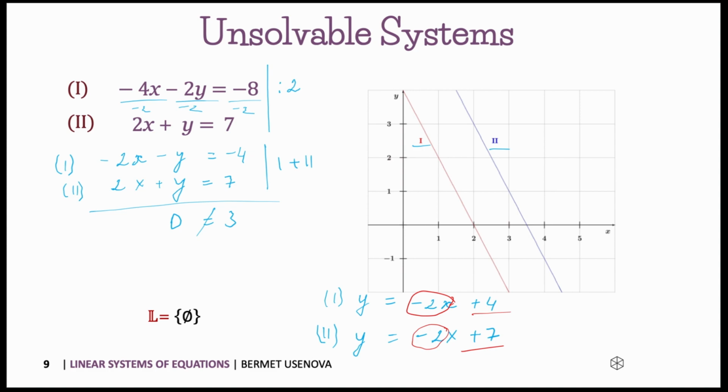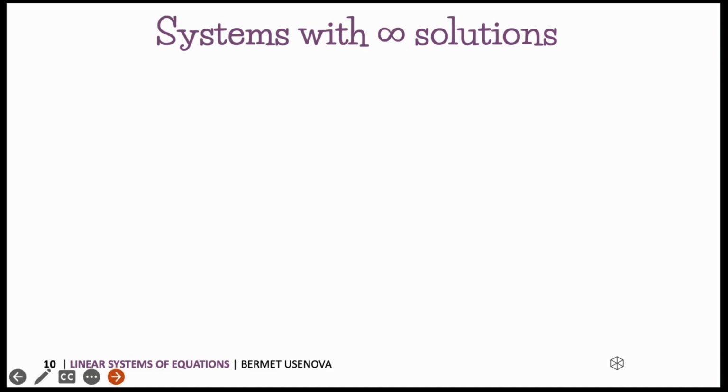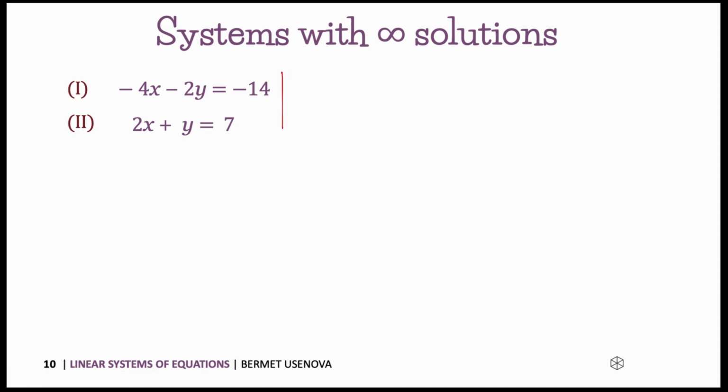All right, let's move finally to the last example, a system with infinitely many solutions. Some systems can have infinitely many solutions, like the following. Let's try to solve this system. Again, the easiest way is to use the addition elimination method. Here we can either divide the first or multiply the second one. Okay, we can do it like this.